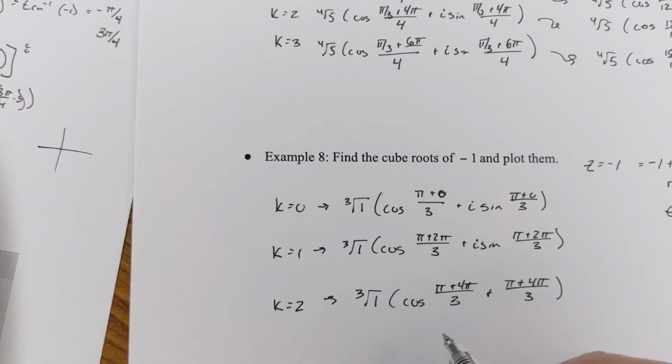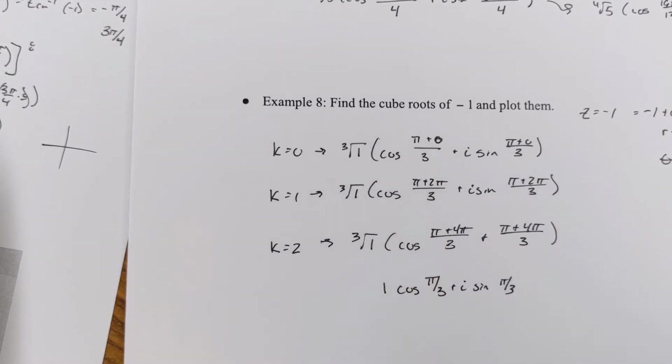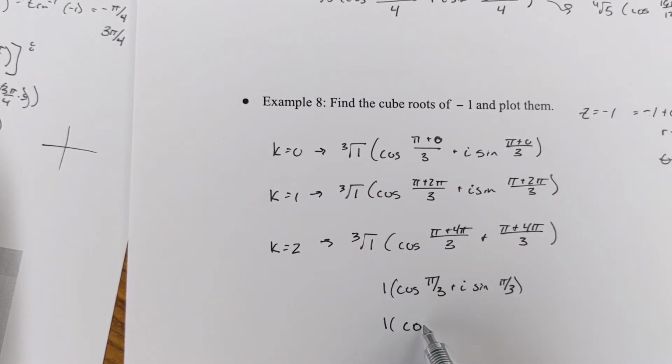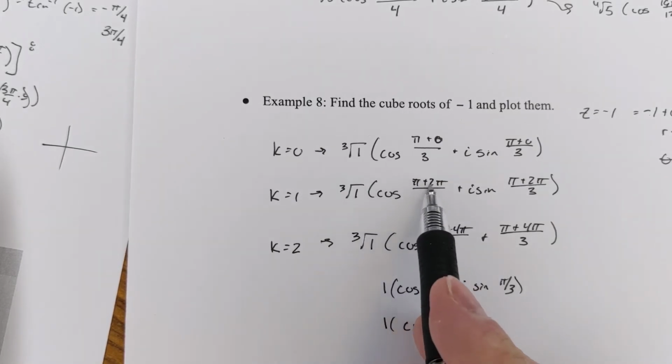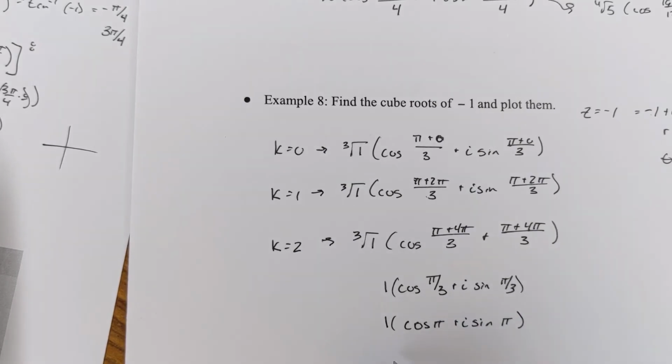So our three solutions would be 1, cosine pi over 3 plus I sine pi over 3. That's this one simplified. It would be 1 cosine pi, because that's 3 pi divided by 3, plus I sine pi.